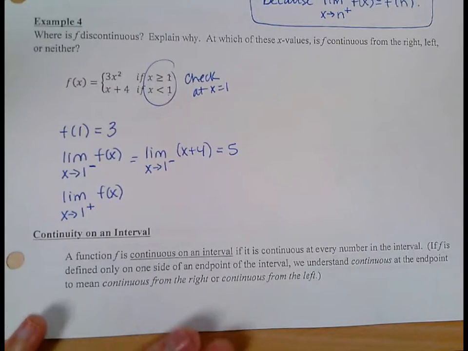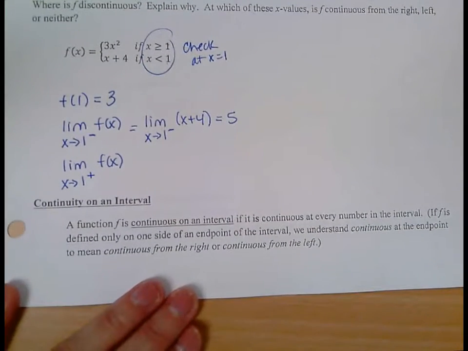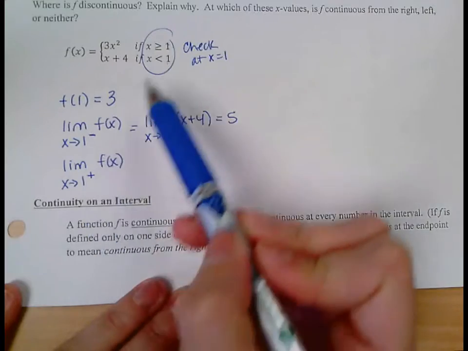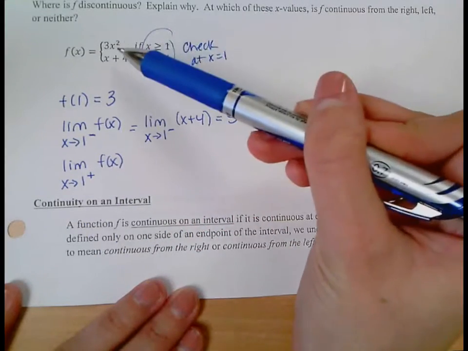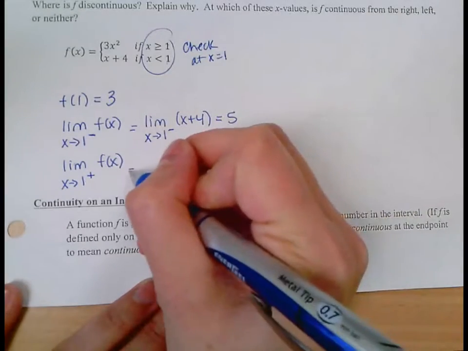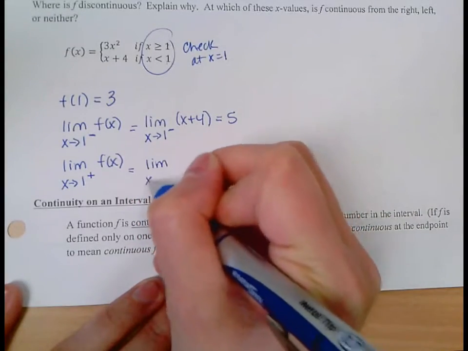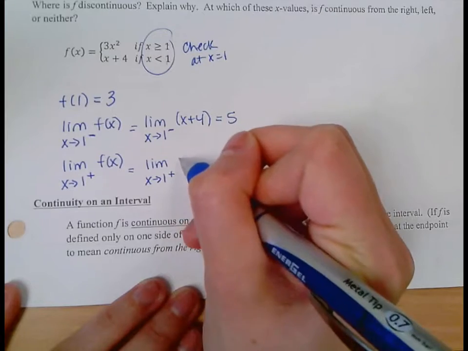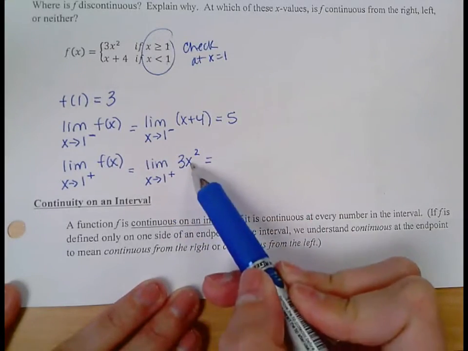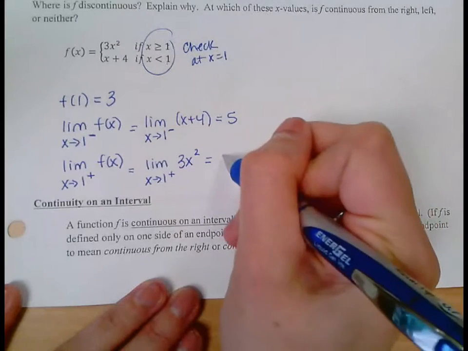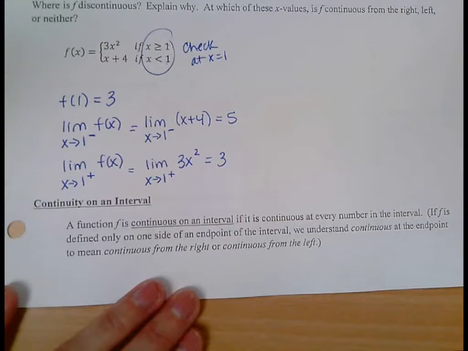So from the left, the limit of the function is 5. From the right, we are using x values that are greater than 1, so our expression is 3x squared. So this limit will be the limit as x approaches 1 from the right of 3x squared. Substitute 1 in for x, 3 times 1 squared is 3.